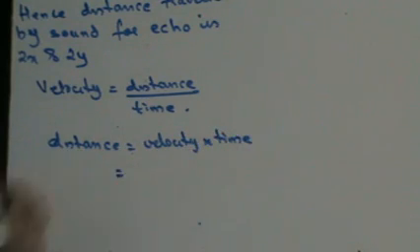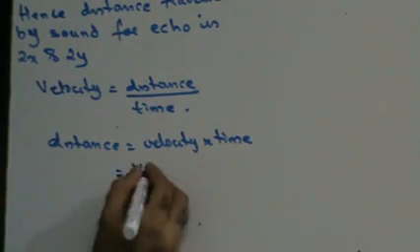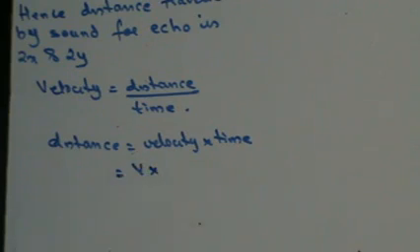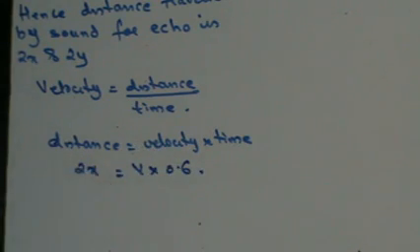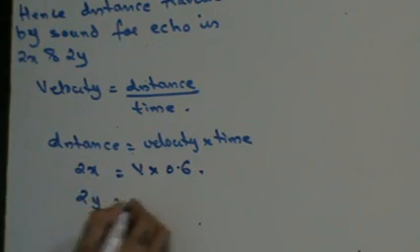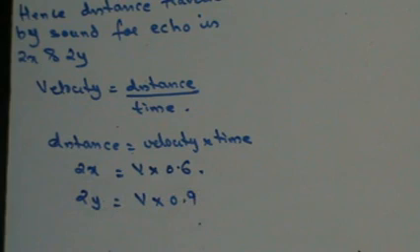Velocity is v, into time. For the first echo, the time is given to you as 0.6 seconds. Distance is 2x. In the first echo, the distance is 2x, so 2x is v into 0.6. Similarly, I can say 2y is v into 0.9.